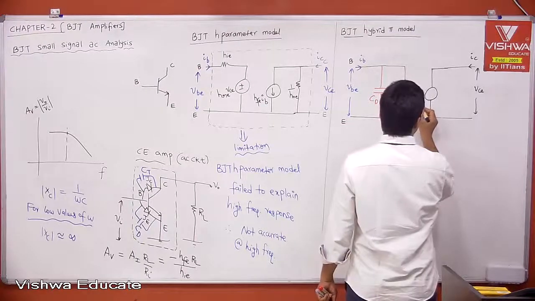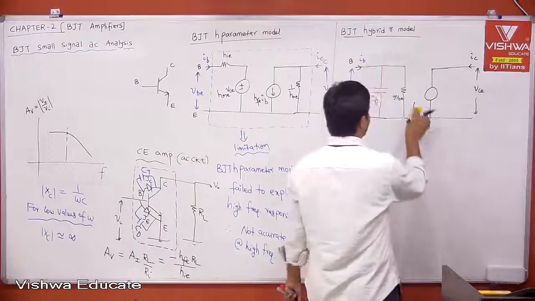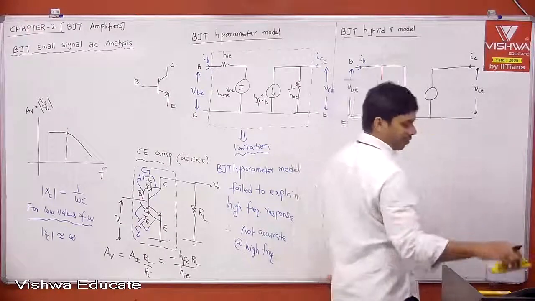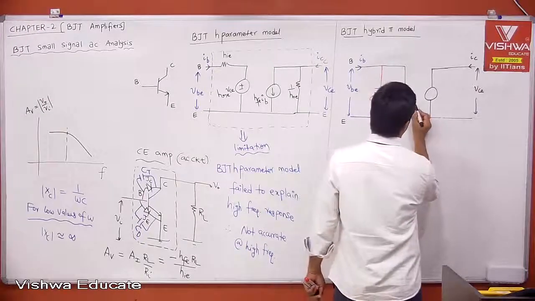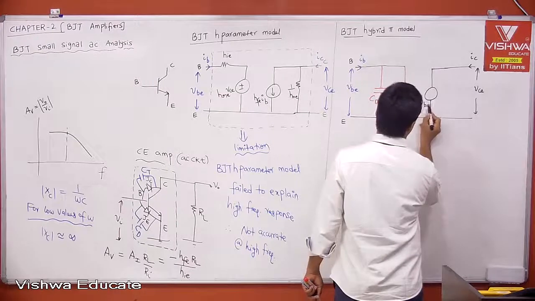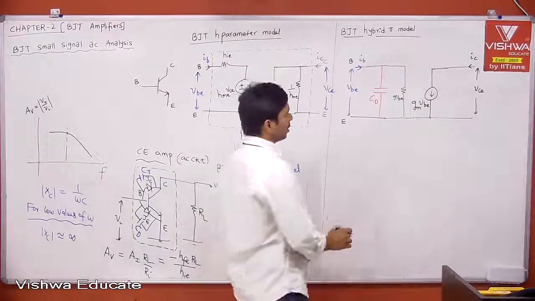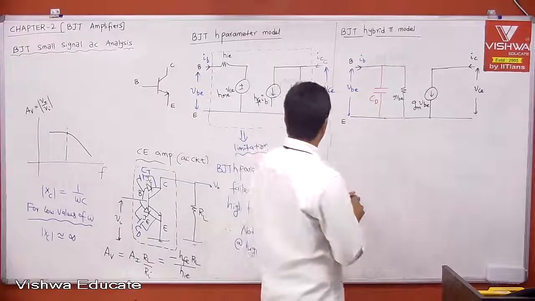Now this is depending on something into VBE. Therefore what is that something? That something is nothing but GM into VBE. Why is that GM? Because I want IC.